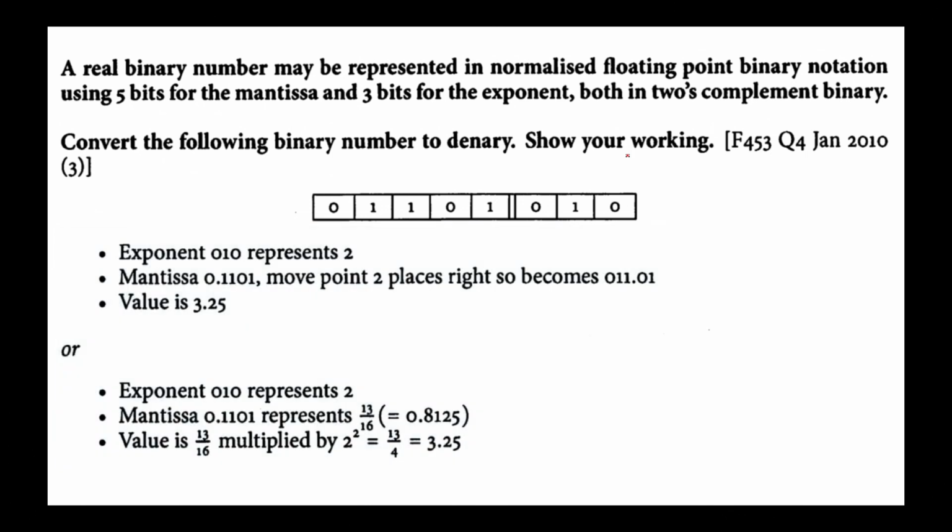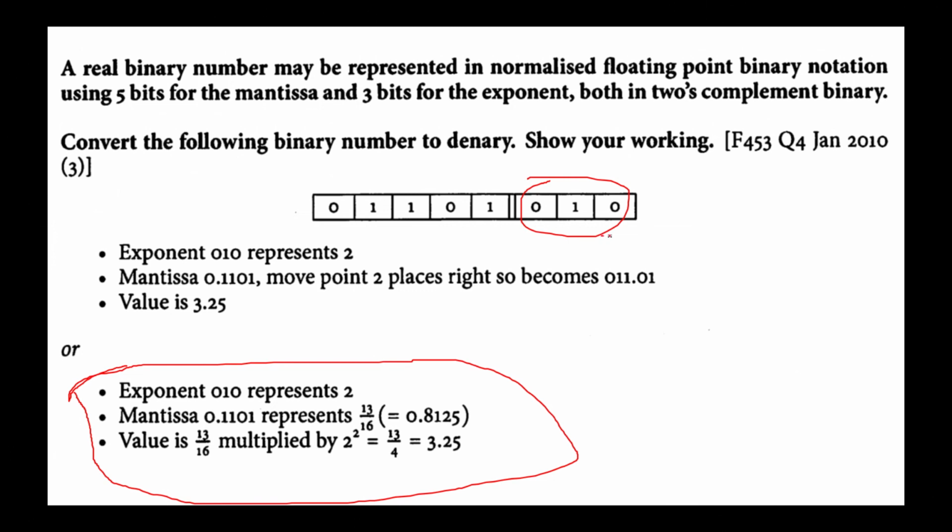So here we go. The exponent is 0, 1, so I'm just going to go for this one since this is the method that I'm going to be using. So there's the exponent, and then this is the mantissa.